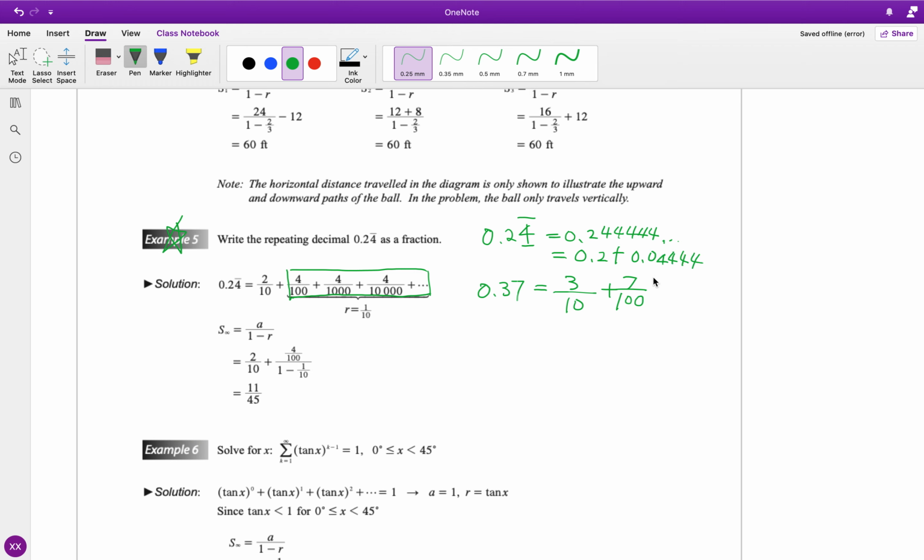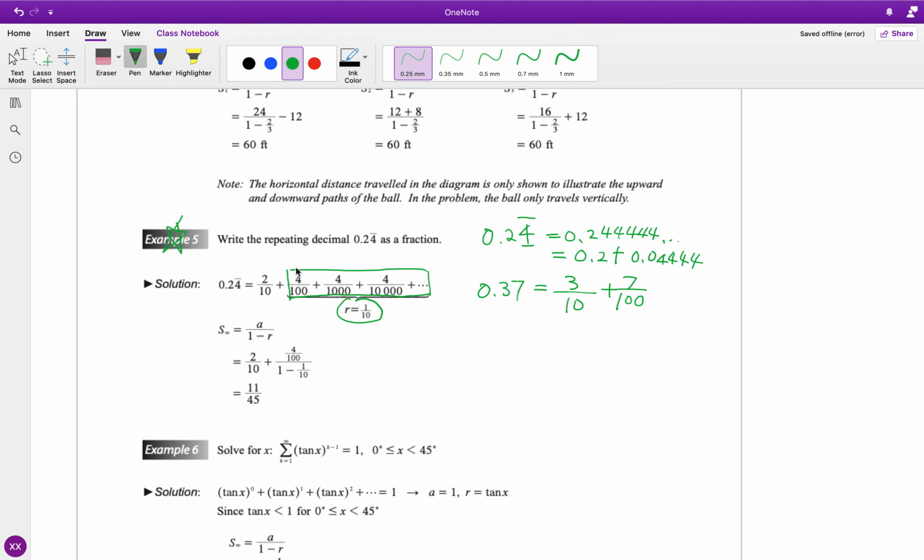So 0.04 becomes 4 over 100. Then you got 0.004, that is 4 over 1000. So this goes forever. That means your R is 1 over 10.